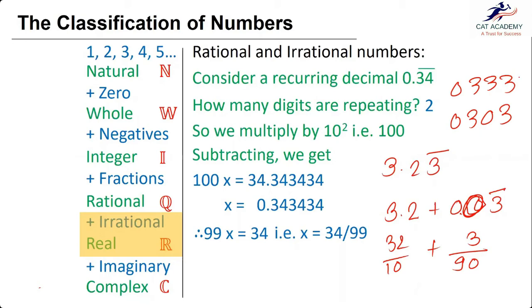Understood the difference between the two, Surya? So had it been 0.3333, I would have written directly 3 by 9. For something like this, I have to write 3 by 90. And for something like this, I would have to write 3 by 99. Has everyone understood the difference between all of them?